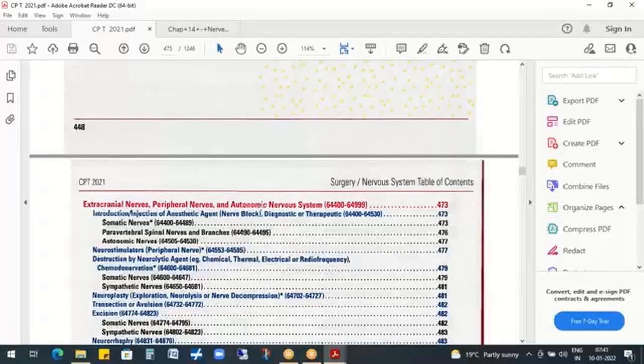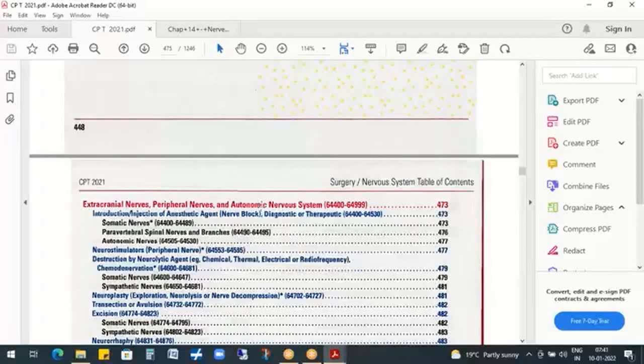Next one, neurorrhaphy with graft, suturing of nerve with the help of a nerve graft. Next one, administration of anesthetic agent for nerve block. Neuroplasty, how they can perform it by neurolysis or nerve exploration. This is the fourth procedure.